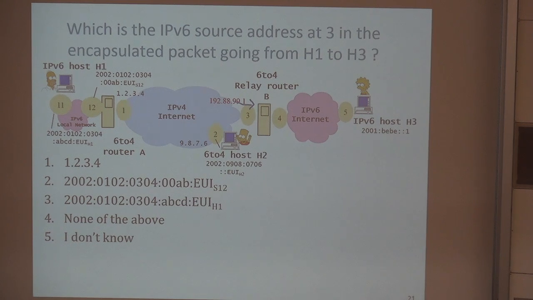Who votes for 1? Okay, that was easy. Who votes for 2? Who votes for 3? Who votes for 4? And who doesn't know? Everybody knows. So we have a bimodal distribution.